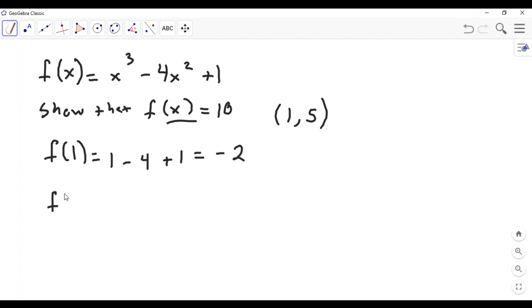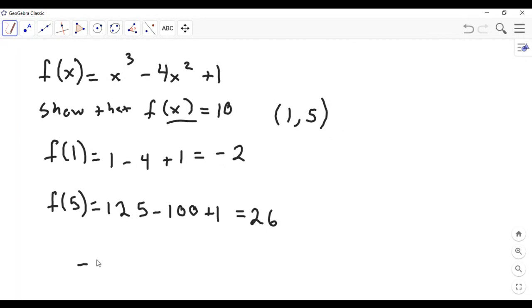And then we would have f of 5, which is going to be our right limit, which is going to be 5 cubed, 125, minus 4 times 25, so minus 100, plus 1, which is equal to 26.